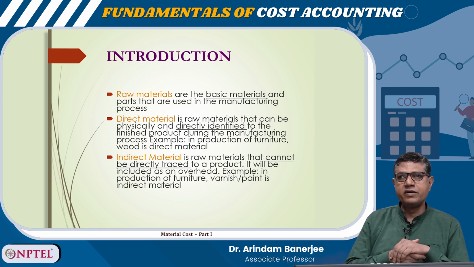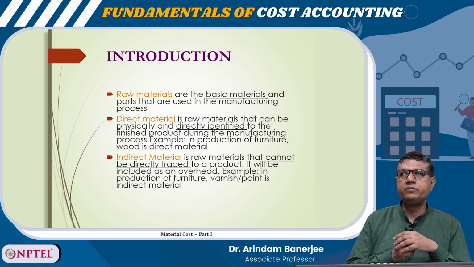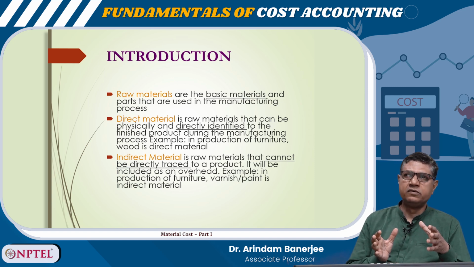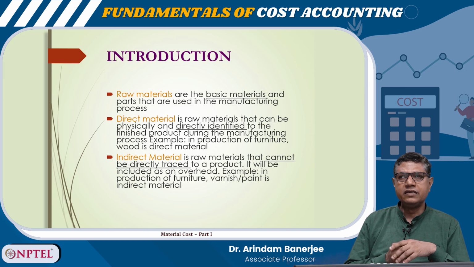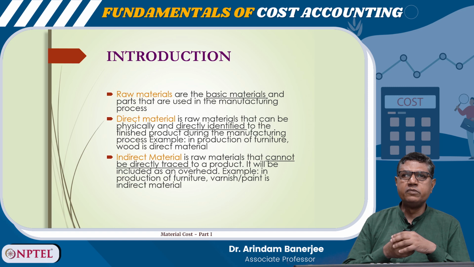There is another type of material which is called indirect material. This type of material cannot be directly traced to the product, right, and it is included as an overhead. For example, in production of furniture, varnish or paint is the indirect material, or in the machines where lubricants are being used, right.